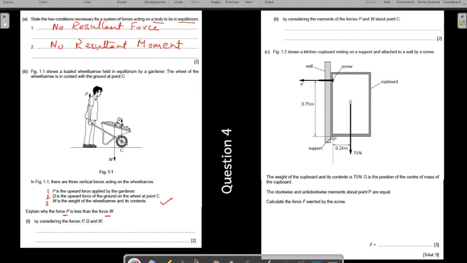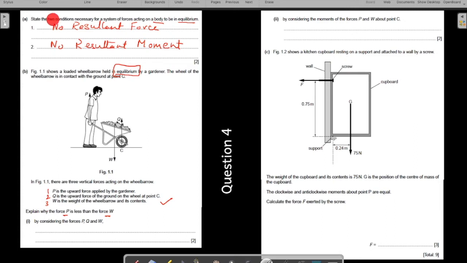The key point in solving this question is where? Here, if you can identify this term. What is this? Equilibrium. That means nothing is in movement. The gardener is holding this wheelbarrow and all the system is in equilibrium.